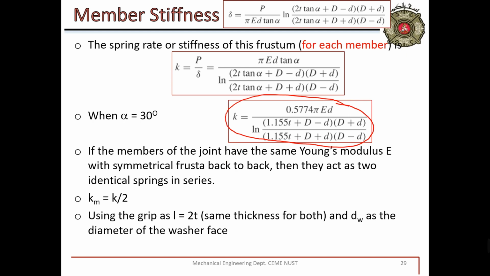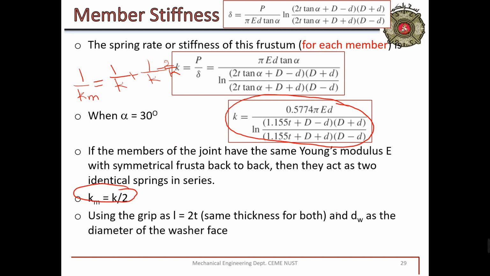Frustum 1 and frustum 2 both will have the same value of K. So 1 by K1 plus 1 by K2 will give you 1 by K plus 1 by K, which at the end will be equal to 2 divided by K. So the final equation will be like this: 1 by Km is equal to 1 by K plus 1 by K. At the end, this will be equal to 2 divided by K, and solving this equation will give you Km equal to K by 2.